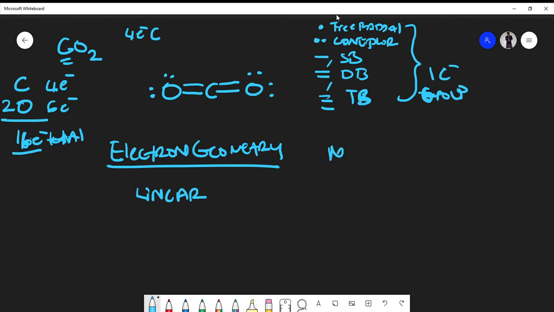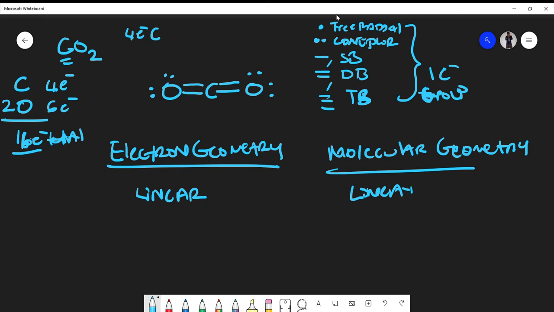Now, what's the molecular geometry of CO2? What would be the molecular geometry? Well, because we have 2 electron groups and no lone pairs, the molecular geometry is in fact the same as the electron geometry. So I want you guys to get this in your head.